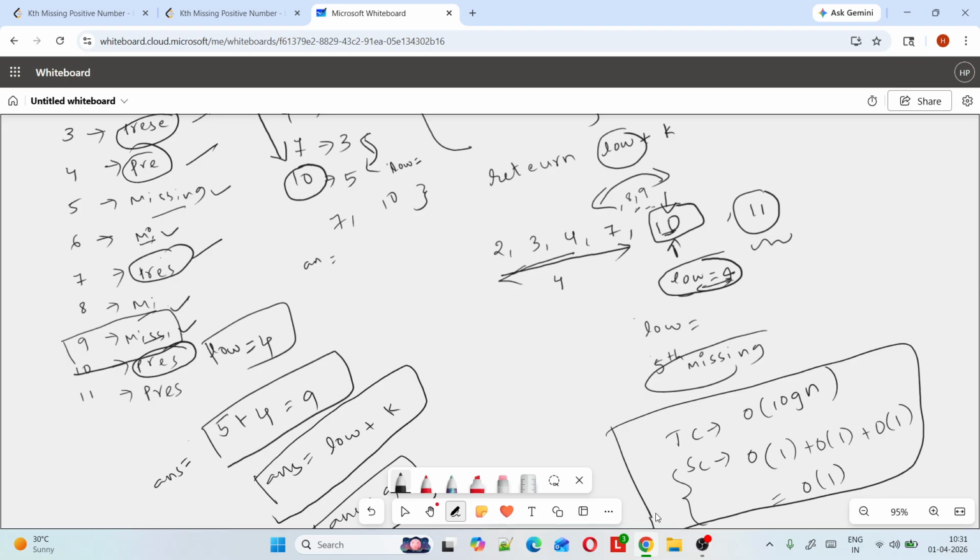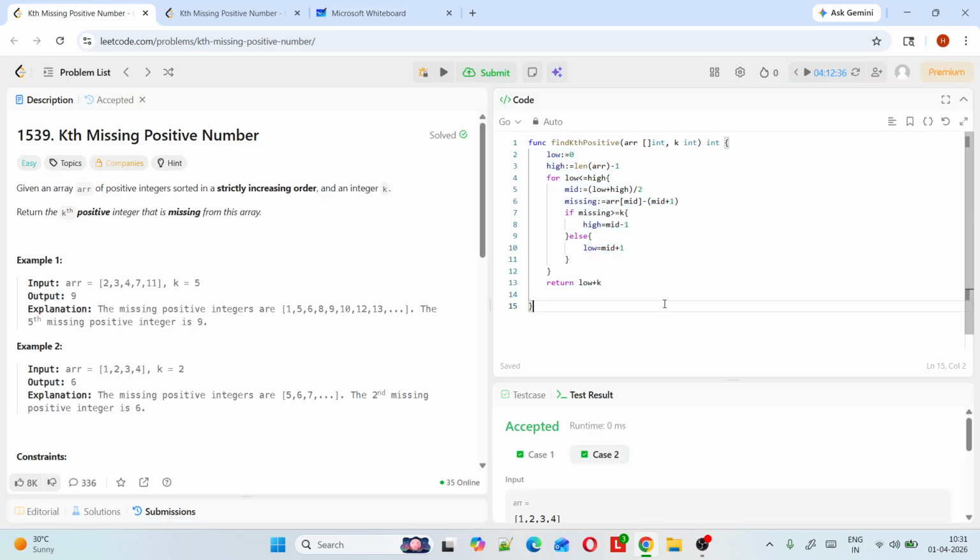Now let's code this. I have taken a low pointer, and the high pointer denotes the last index. Now, while low is less than or equal to high, I find the mid and check the missing count. If the missing count is greater, I move my high pointer, else I move my low pointer.